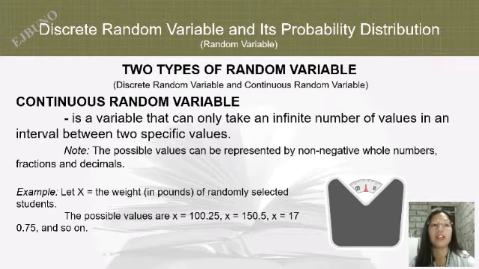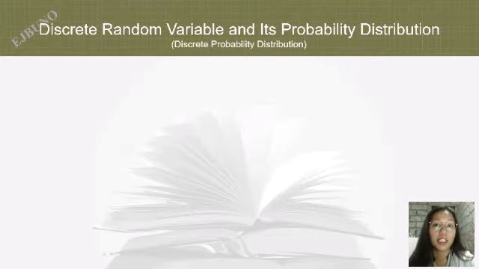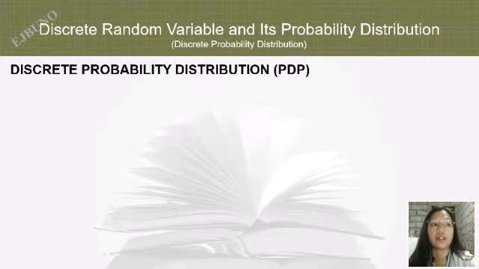The possible values are x = 100.85, x = 150.5, x = 170.75, and so on.